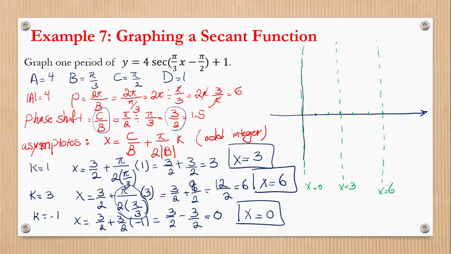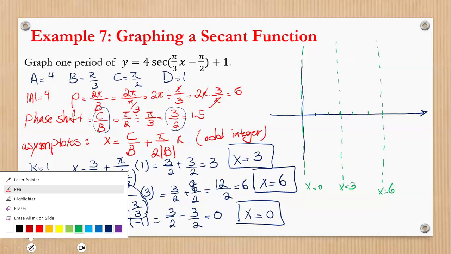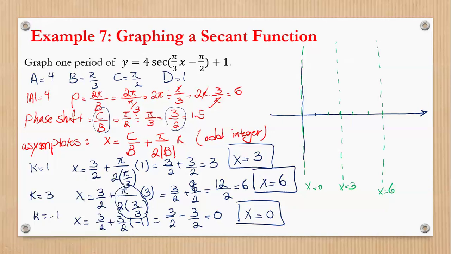Okay, now we can find the midpoints between the asymptotes. So the midpoint between 0 and 3 is this point, which is exactly your phase shift because it's 1.5. The midpoint between 3 and 6 is 4.5. Now we need to know the y values of these 2 points.